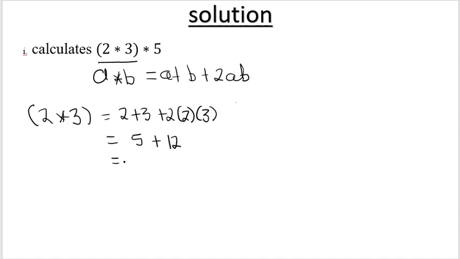Therefore, when we simplify this, it gives us 17. So it means that 2 star 3 is equal to 17.